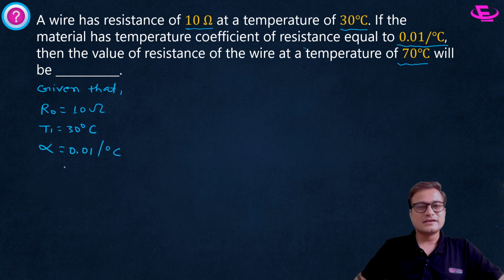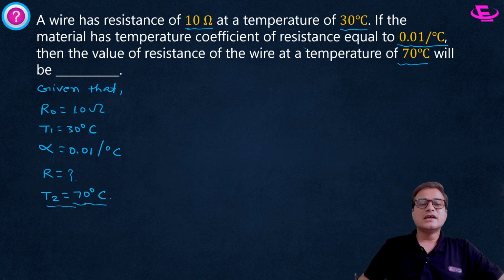You have to calculate the resistance of the wire at a temperature of 70 degrees Celsius, that means T2 is 70 degrees Celsius.